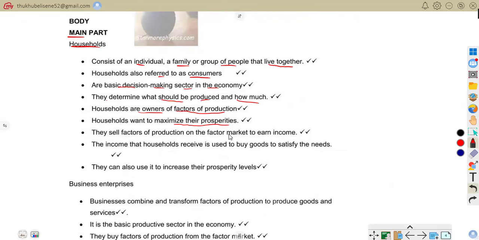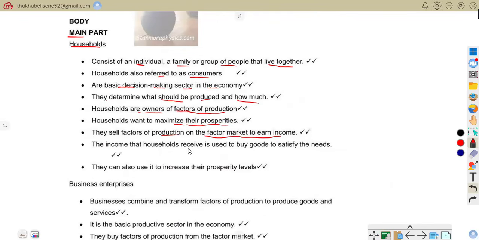Also, they sell factors of production on the factor market to earn income. It means that households provide labor or rent out property for payment.